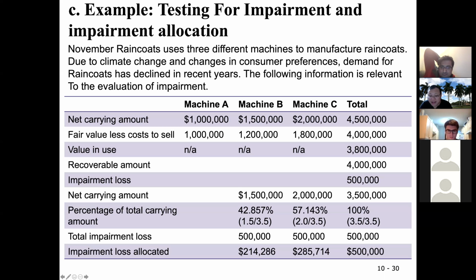That's how I get this allocation: 214,286 for B and 285,714 for C. The total is 500,000. Nothing is allocated to A. Does this make sense? Awesome.